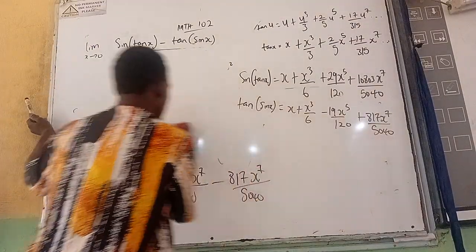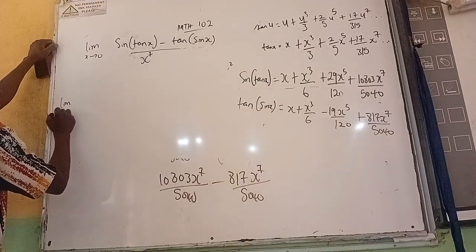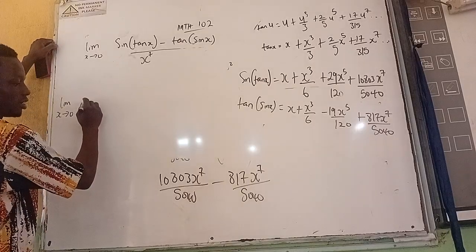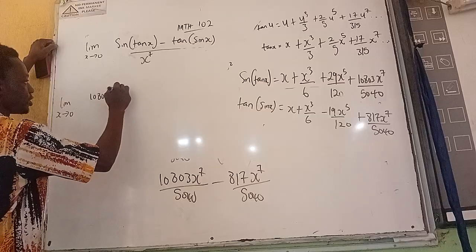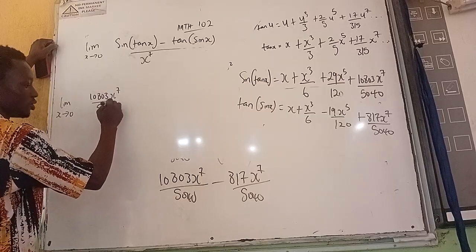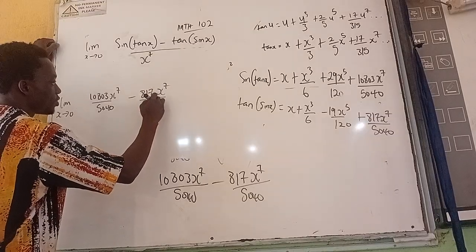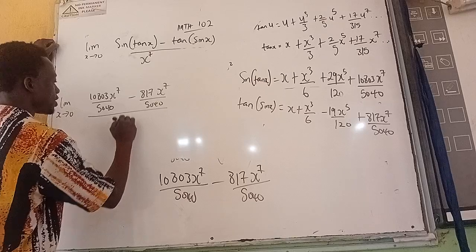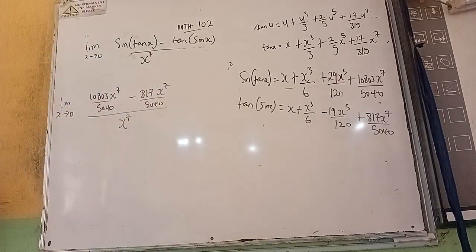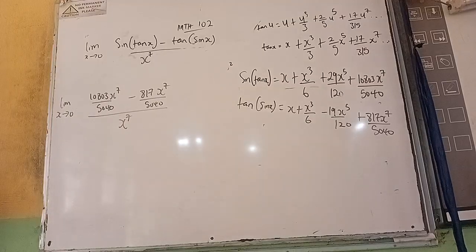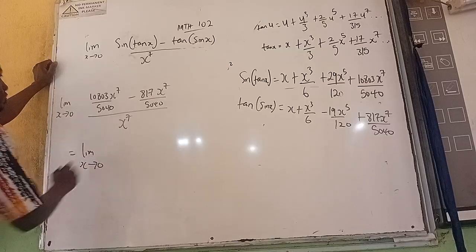Are we together? So here now we should have equals to limit as x tends to 0 of 10803 x7 over 5040 minus 817 x7 over 5040, divided by x7. I think I need the calculator more now. Yeah, it's still recording. So here we are equals to limit as x tends to 0 of what?